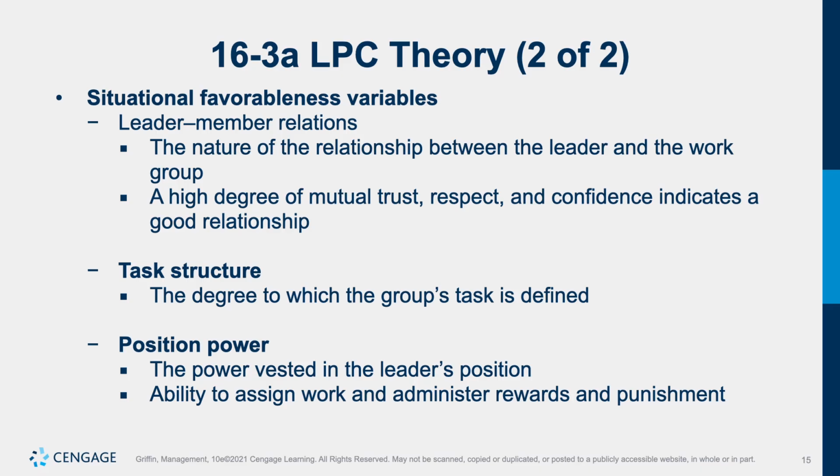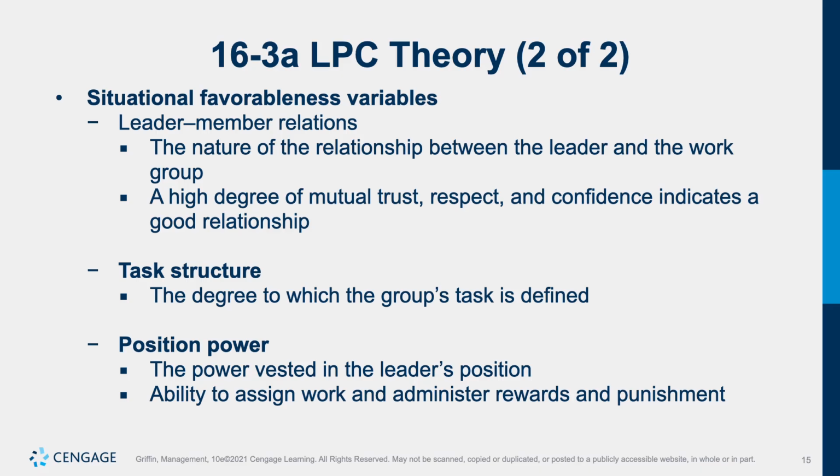Leader-member relations relates to the nature of the relationship between the leader and the work group, where there is a high degree of mutual trust, respect, and confidence, which is indicative of a good relationship. Task structure refers to the degree to which the group's task is defined, and position power would be the power vested in the leader's position and the leader's ability to assign work and administer rewards and punishment.